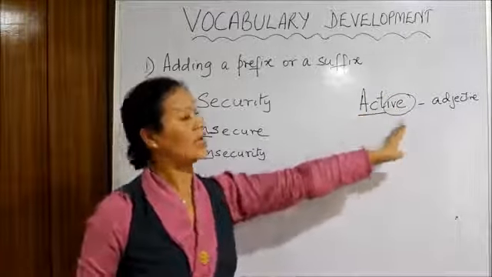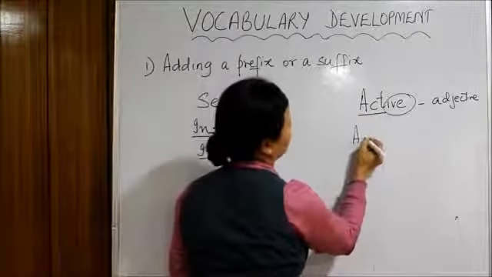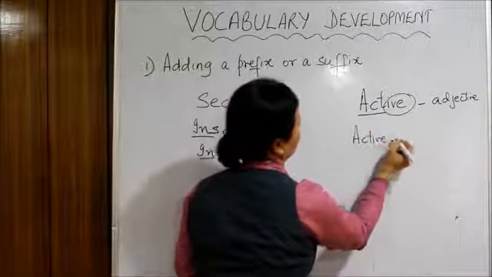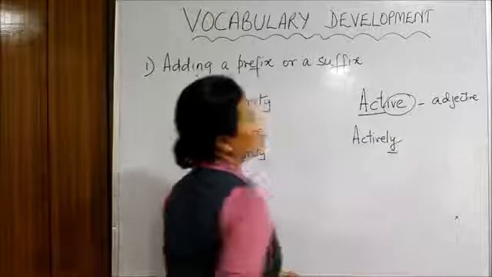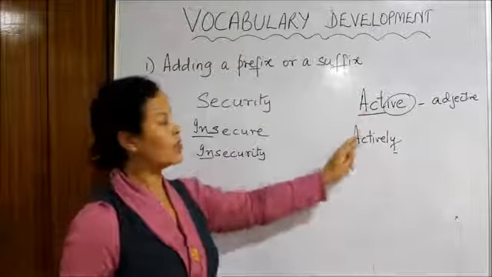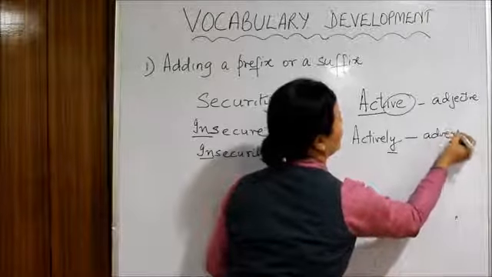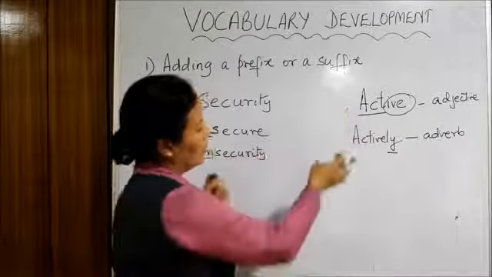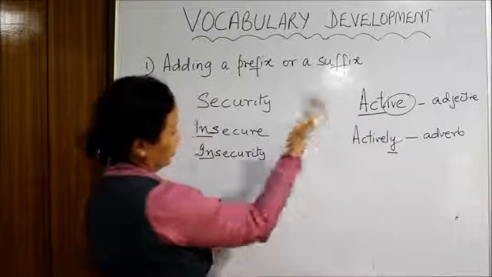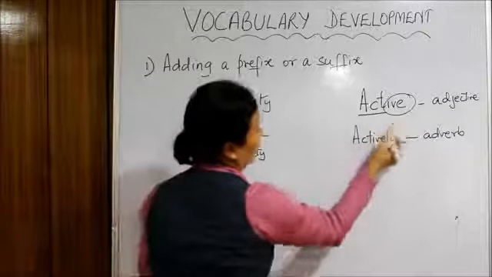So act, active. In the same way, if we add the suffix ly on active, the adjective changes into an adverb, actively. In the same way, we can add a prefix to active.